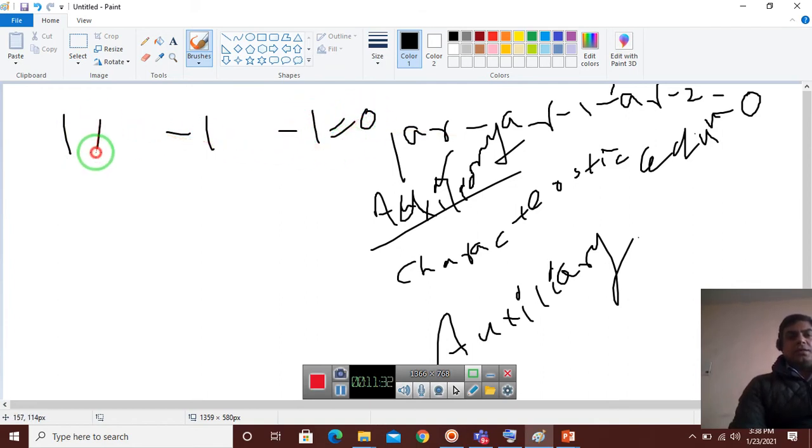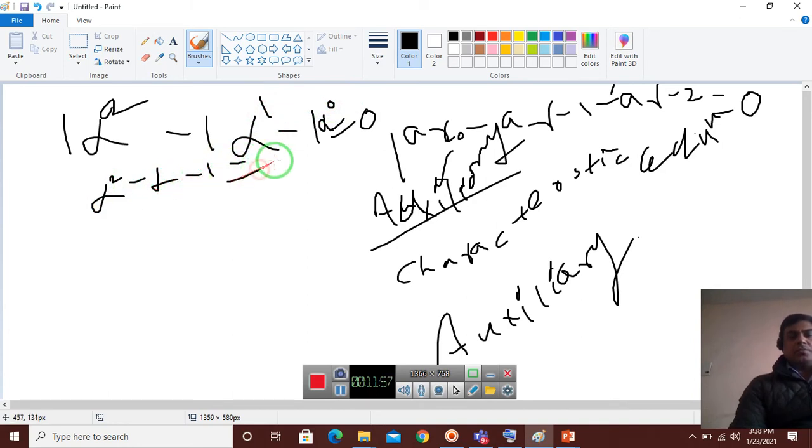Just apply alpha, alpha and alpha. Just start from the highest power and reduce to 0: apply alpha to the power 2, alpha to the power 1, alpha to the power 0. So it becomes alpha square minus alpha minus 1 equal to 0.